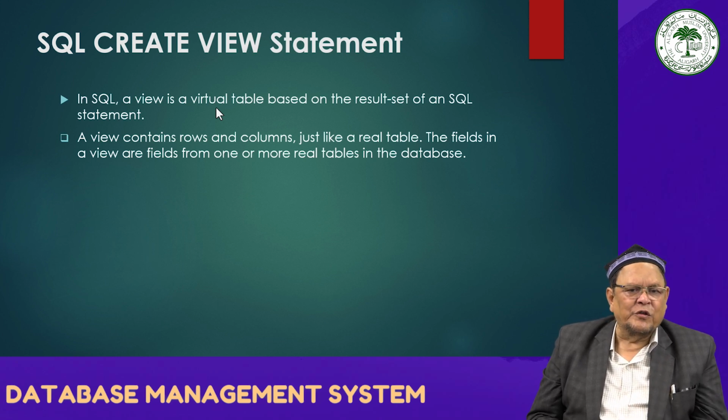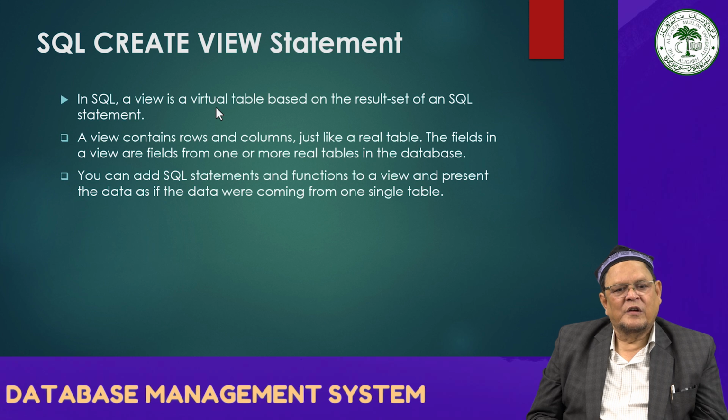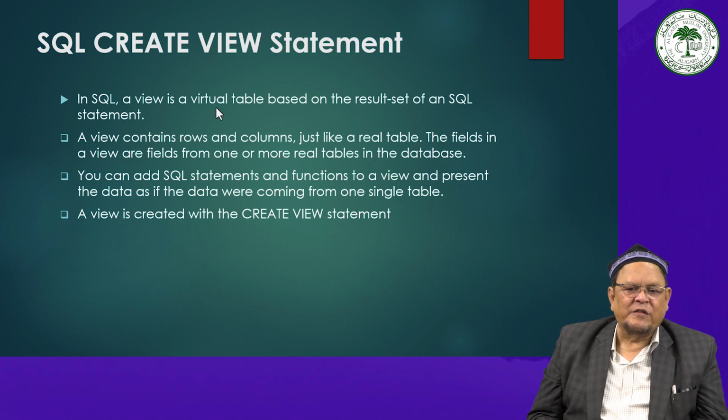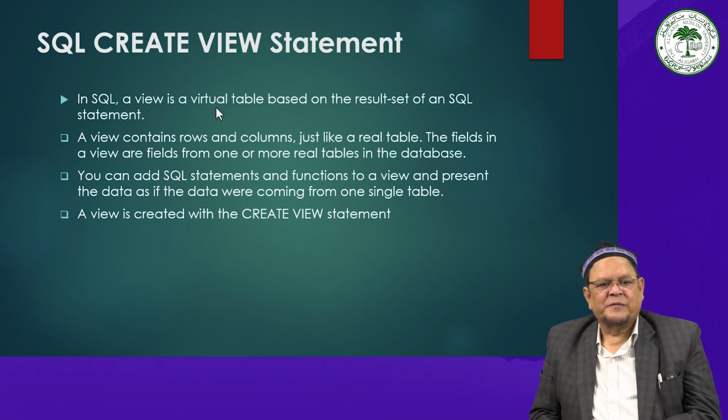The fields in a view are fields from one or more real tables in the database. You can add SQL statements and functions to a view and present the data as if it were coming from one single table. A view is created with the create view statement.